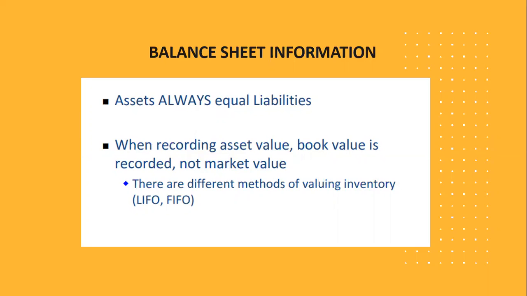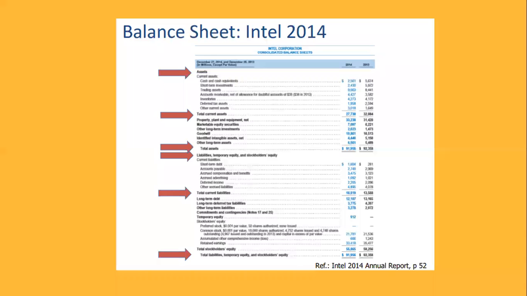It is not the market value of any good. There are various ways of valuing inventory, which is not something that is on the asset side of the balance sheet. There is the LIFO method, the FIFO method. I'll talk to you a little bit about these in a couple of slides ahead.